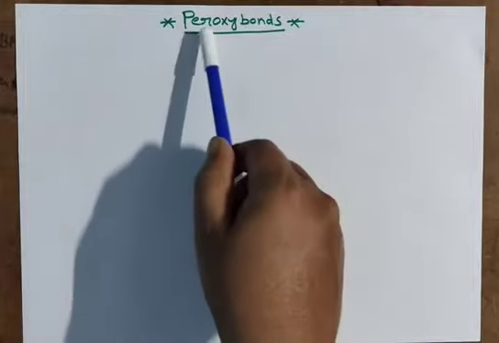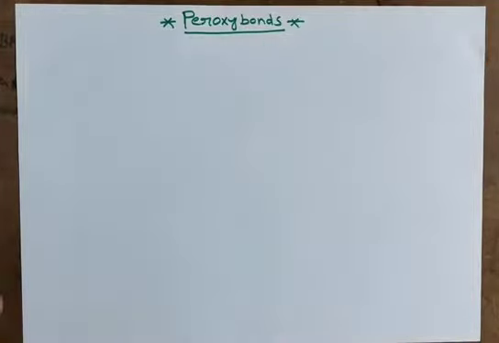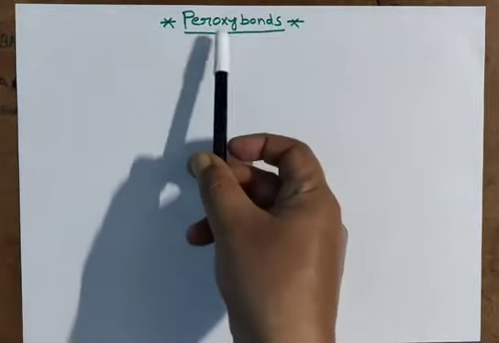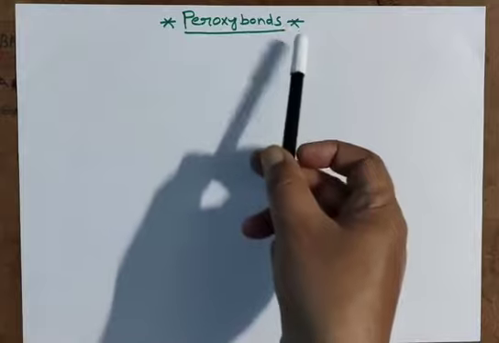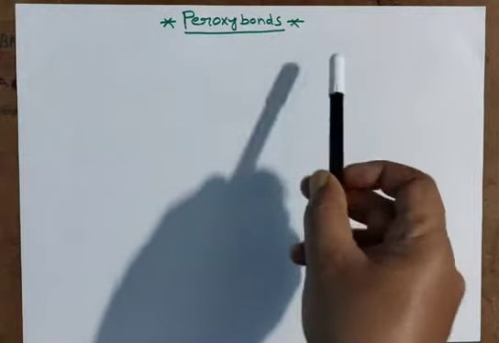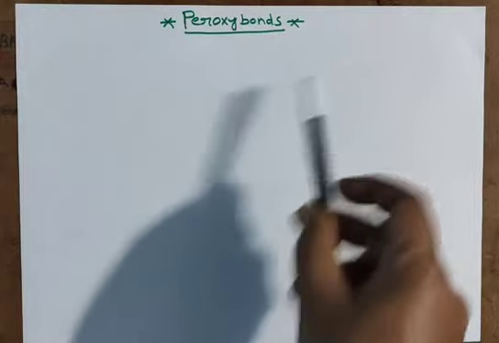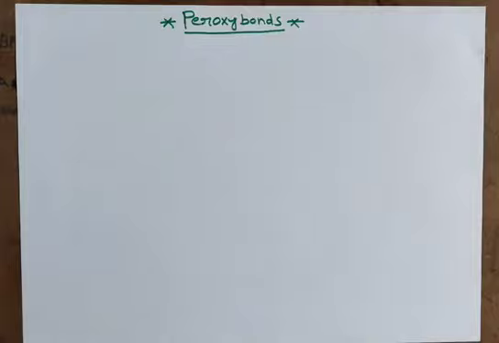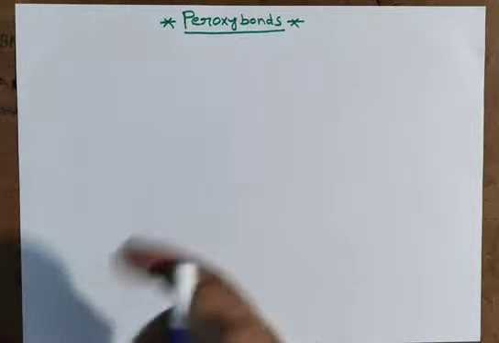Today's topic is peroxy bonds: how to identify peroxy bonds and how to calculate the number of peroxy bonds in a given compound. By looking at a molecule directly we are unable to say how many peroxy bonds are there, so you have to go for some tricks.